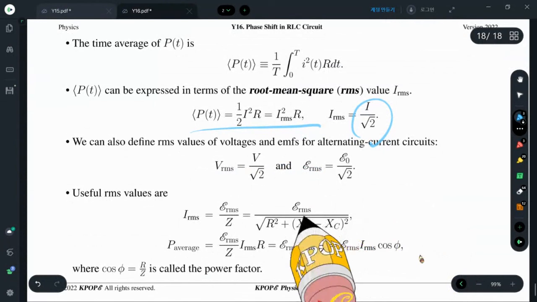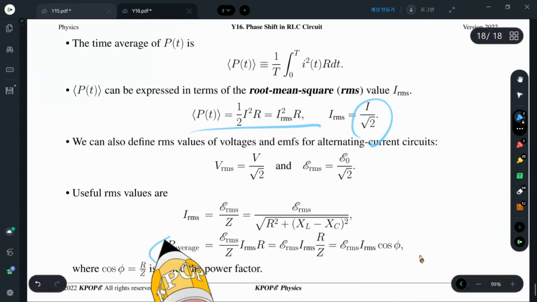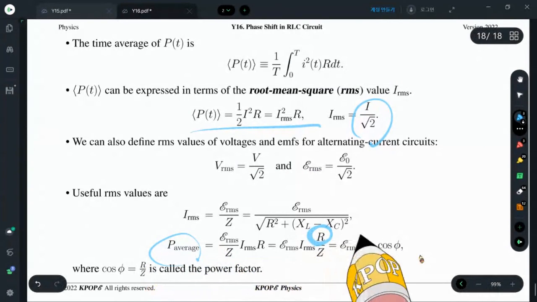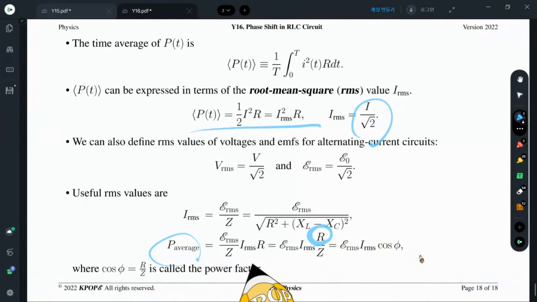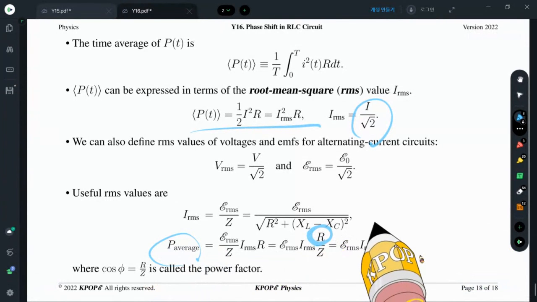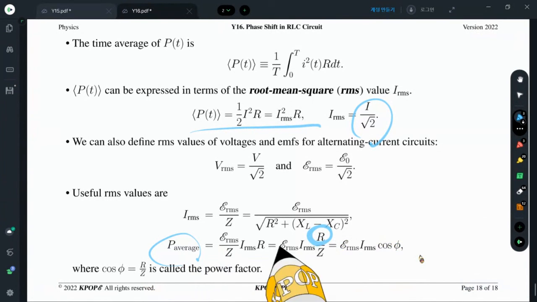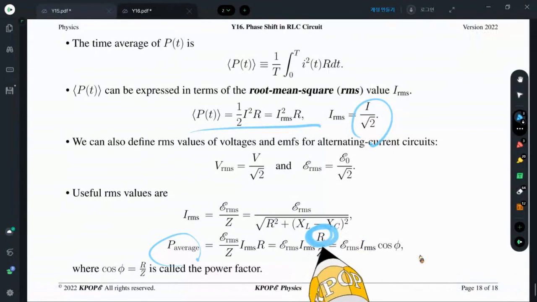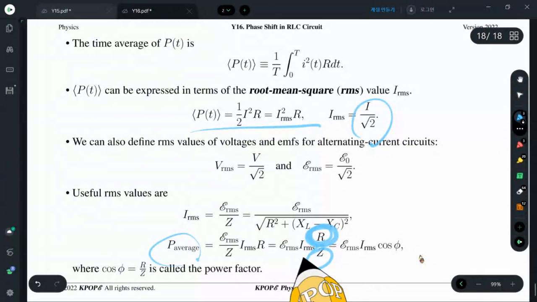And RMS values can be used for this amplitude and power also. You will find this power has from I R squared, R I squared, we have R dependence in the denominator relative to the impedance.